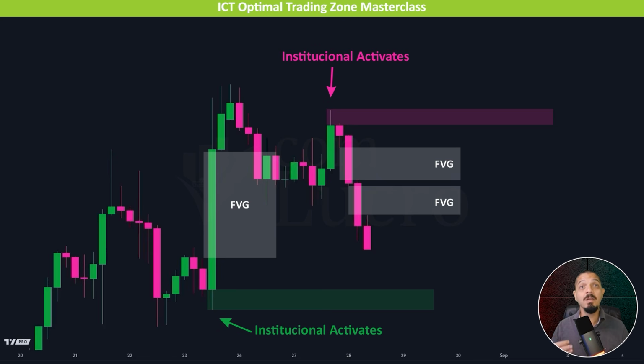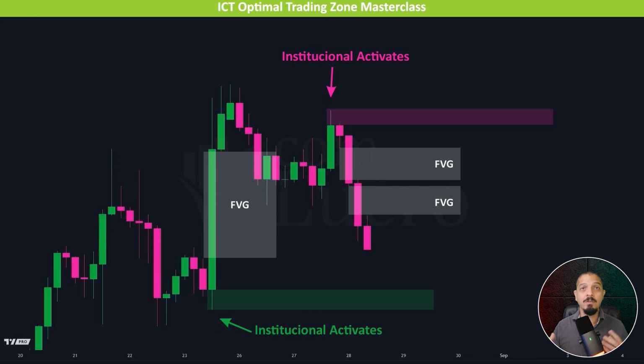Instead, we concentrate on meaningful moves that suggest strong participation from major market players. These broader trends appear clearly on higher time frames, which we have consistently highlighted as essential for proper analysis. As a result, identifying higher time frame swings and key levels allows us to see the market from a wider perspective and avoid positioning ourselves against dominant flows.